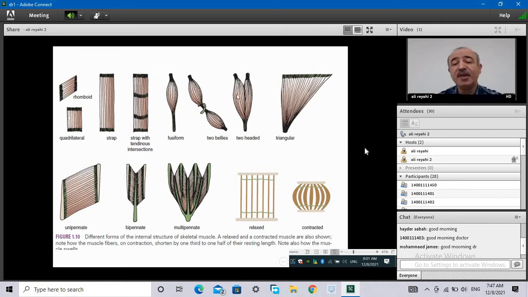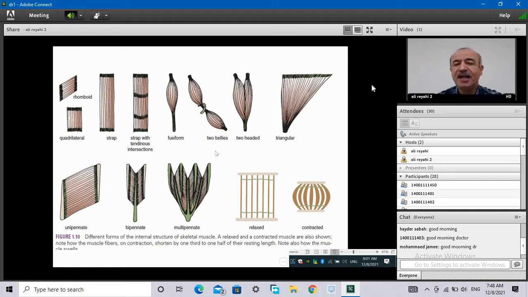Some muscles have two heads, called biceps, and some muscles are triangular. Other muscles have a pennate shape, unipennate, bipennate, or multipennate shape. And in this picture you can see the relaxed or contracted muscle fibers.